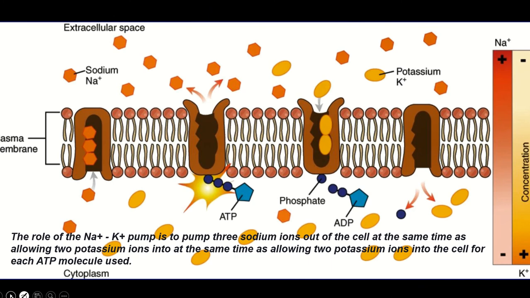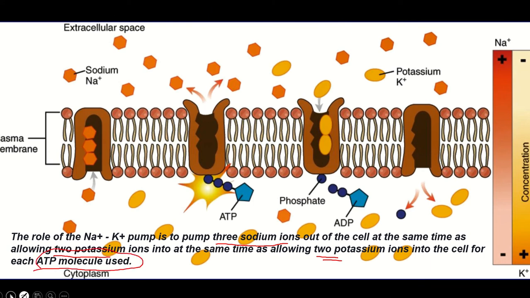So the role of the sodium potassium pump is to pump 3 sodium ions, as I already said, out of the cell, at the same time as allowing 2 potassium ions into the cell for each ATP molecule used.